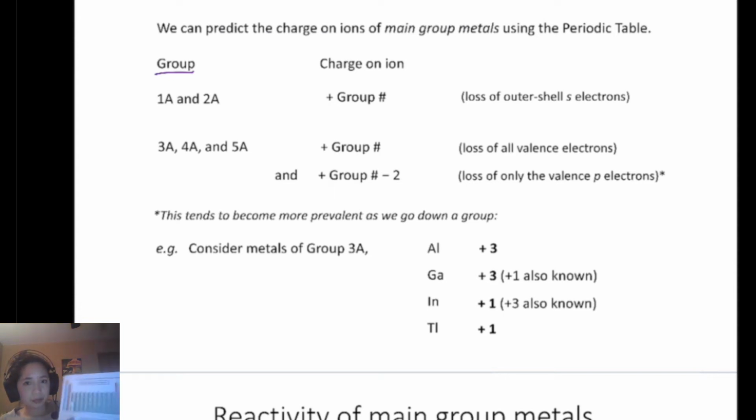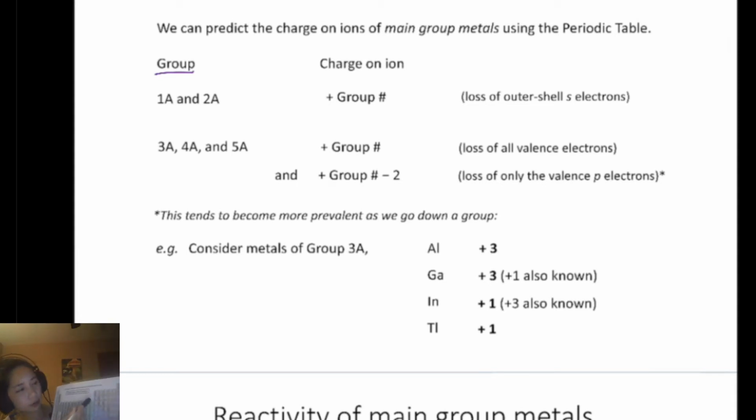But we can also predict some of these metals on the side of the periodic table, like aluminum. Where's aluminum? Aluminum typically produces a 3+ cation because, again, it loses all of its valence shell electrons, and same thing with group 4 and 5.